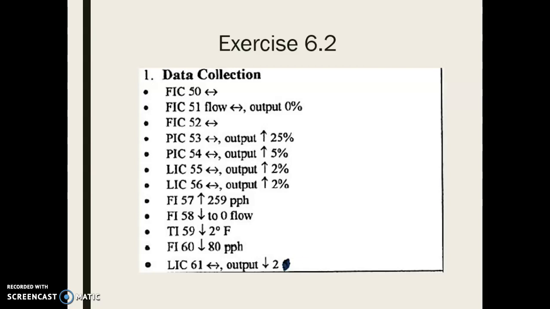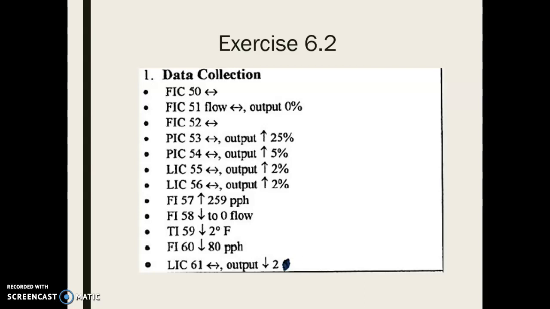So your FIC 50 is your normal flow. Okay, that's normal. Everything there looks normal. The D2 bottoms blowdown seems okay. FIC 51, that flow seems okay, the lean absorbent flow for D3 into the absorber column, but the output's at 0% when it's supposed to be at 50%, so that's off, it's closed.